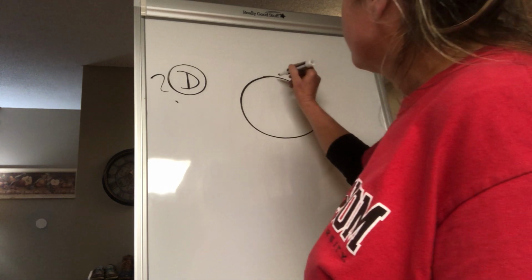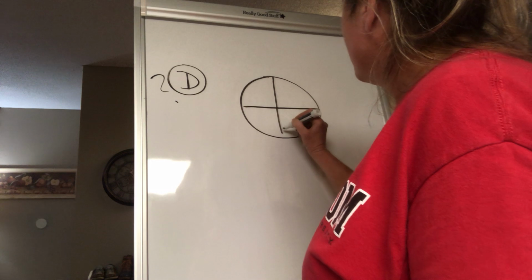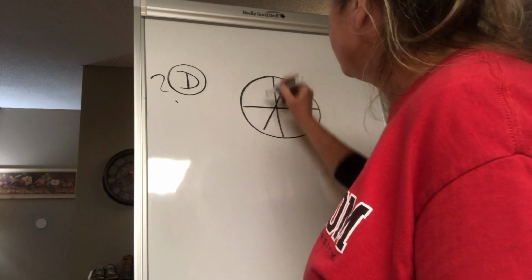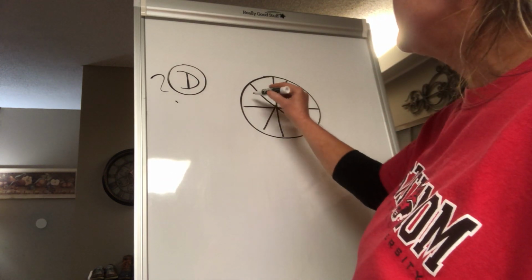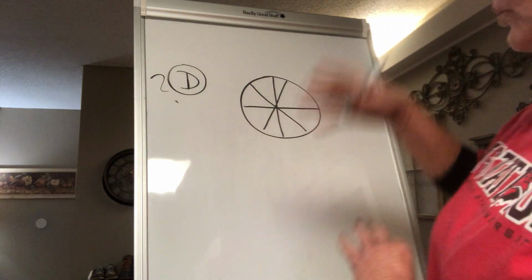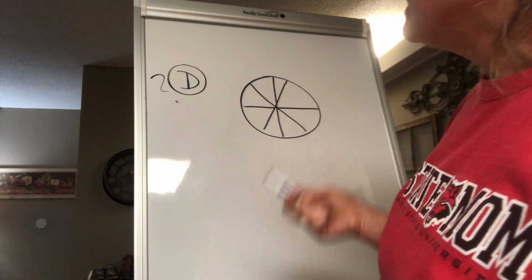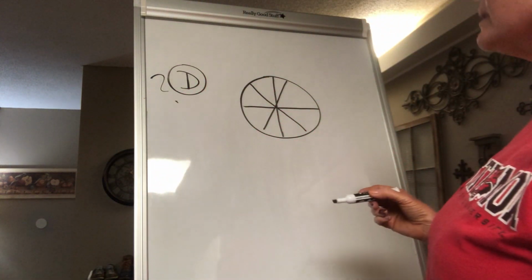Here's my pizza. And it tells me that this pizza was divided into 8 slices. So we have 1, 2, 3, 4, 5, 6, 7, 8. And I know I'm no artist, so mine are never exactly equal, but we're saying that Miss Menard's a great artist and those are equal. So if I look at my pizza, it tells me first of all that 3/4 of the pizza is left.